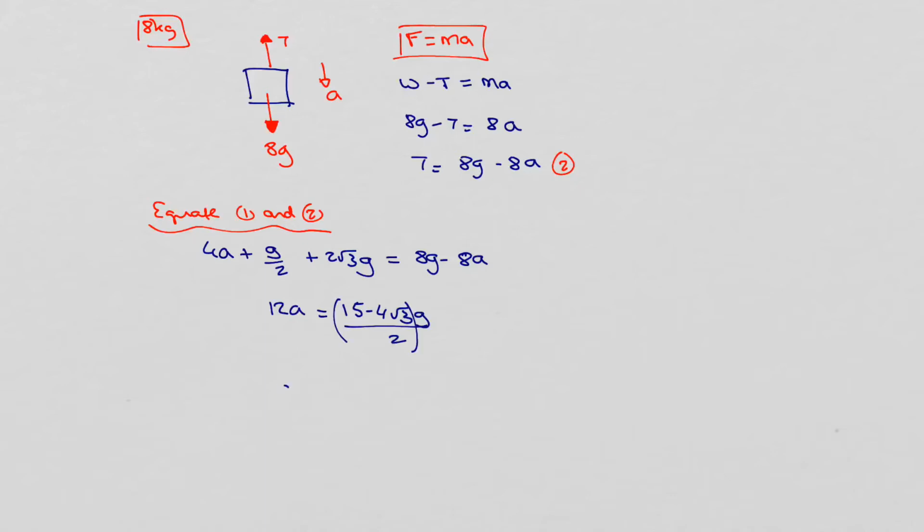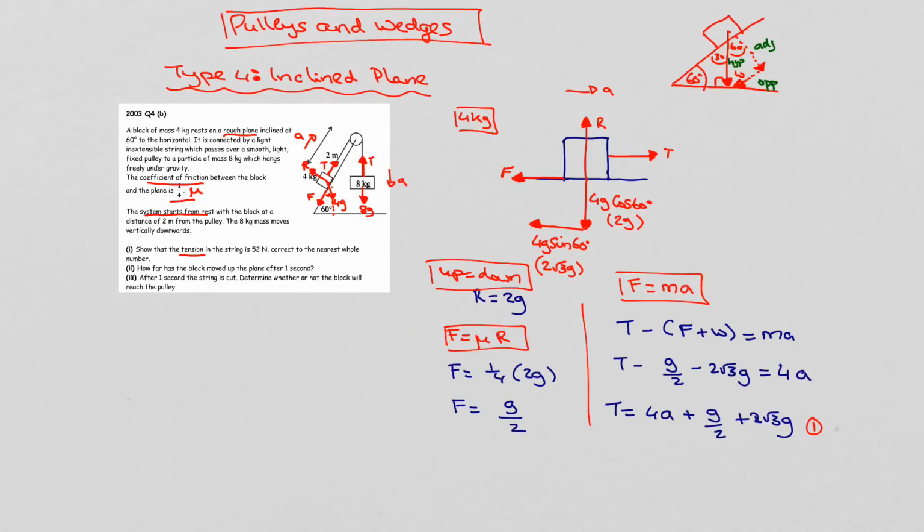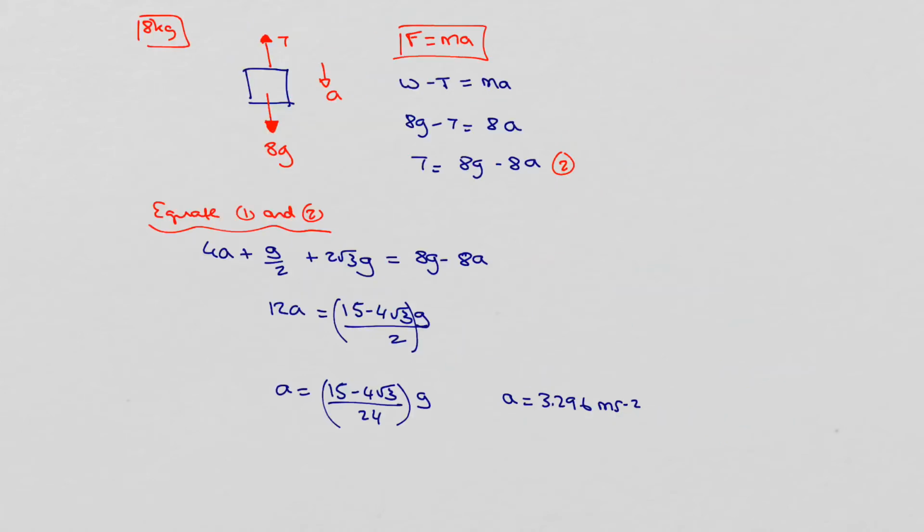And therefore that gives me a is equal to 15 minus 4 root 3 over 24 times g, or in decimal it would be 3.296 meters per second squared. Okay, so we're looking for the tension, and it's going to be correct to the nearest whole number. So I'm going to stick with my third form until the end.